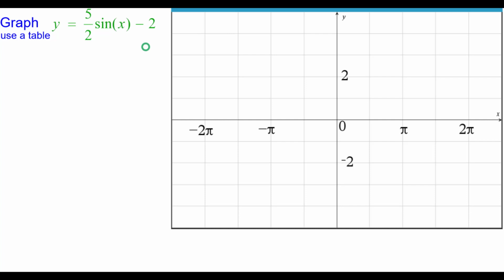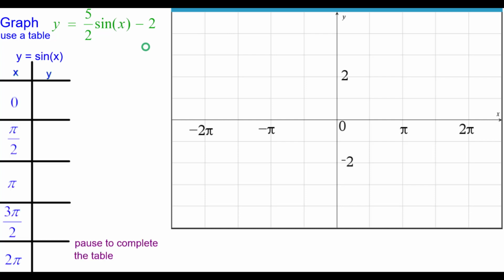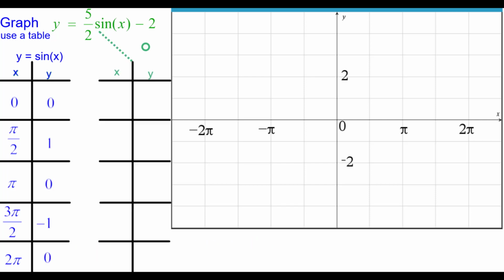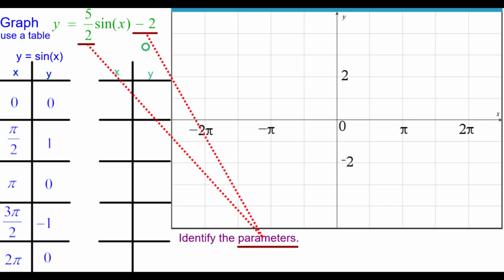Let's go ahead and graph this using a table. So I'll start with our unit circle values, the ones on the axes. Go ahead and pause to complete the table. And we need to create a second table for the green equation. Identify the parameters, the 5/2 times and the -2.